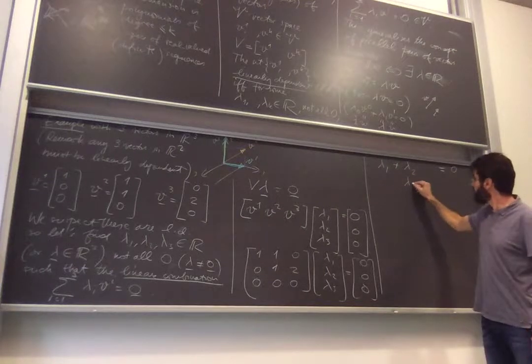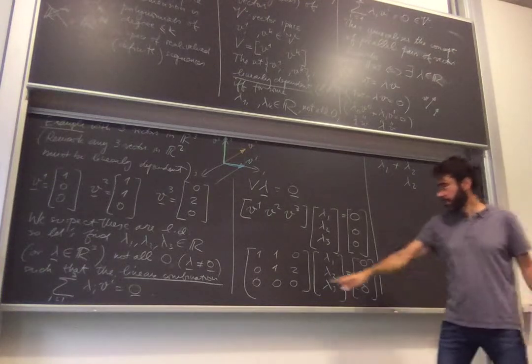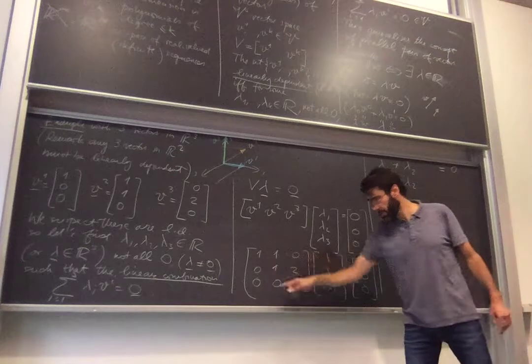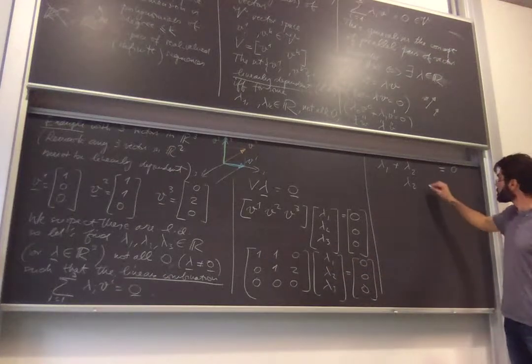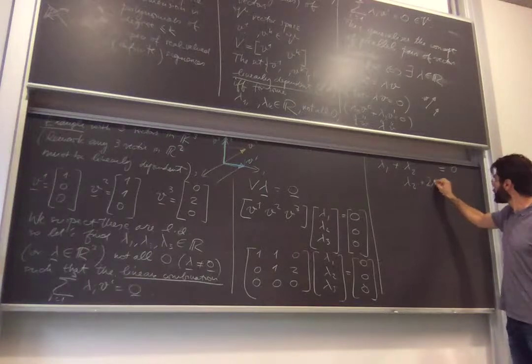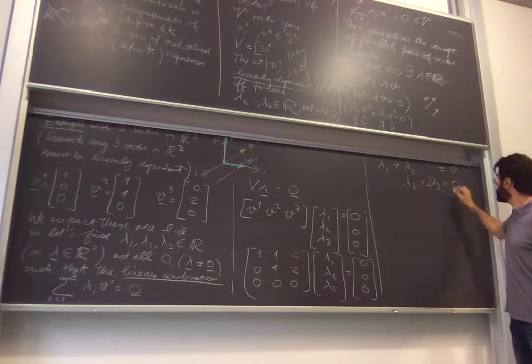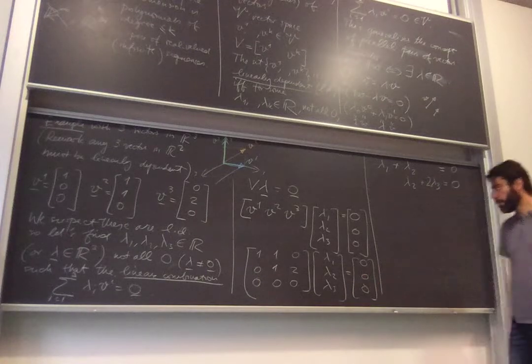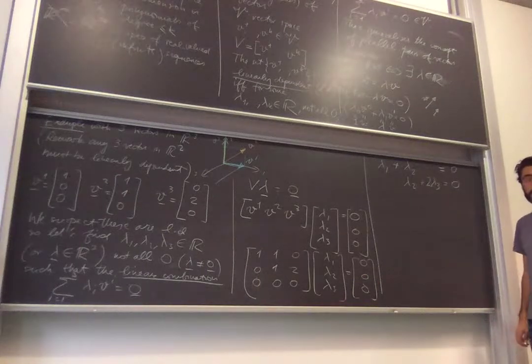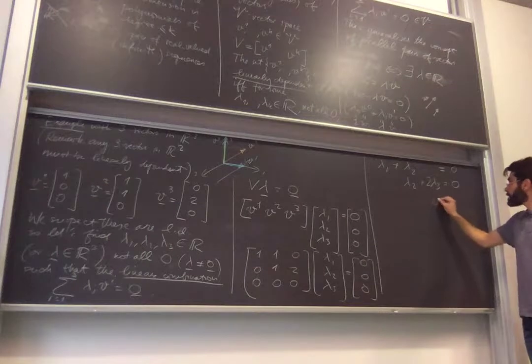And let's look at the second one. The second row is basically this. Matrices are just a way of condensing the information, not to have to rewrite the variables every time for every equation that we're writing. And finally, what is the last equation? The last equation is 0 equals 0. It's not very useful.